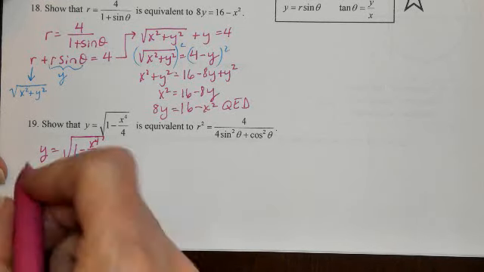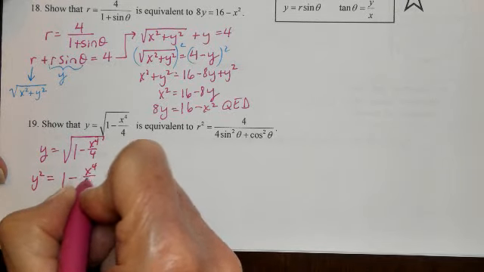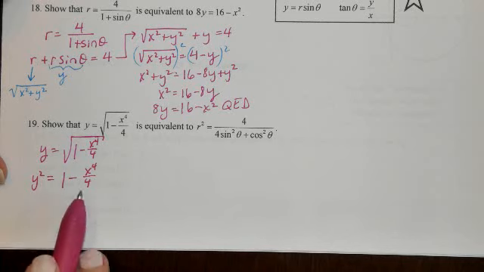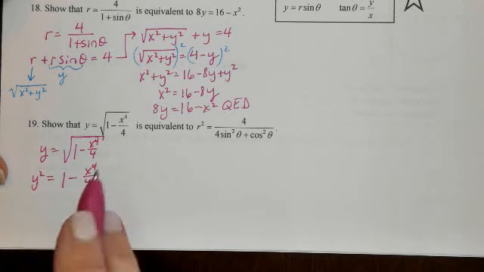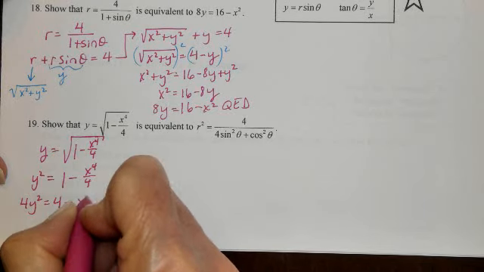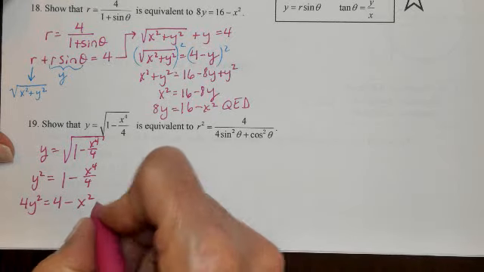So I'm going to have y squared, square both sides. So already looking good. Now I'd like to get rid of this fraction. So I'm going to multiply both sides by 4. Looking better. Okay, now what?